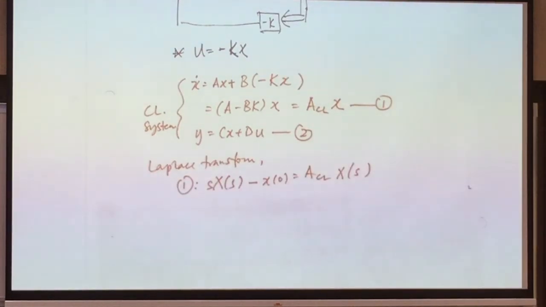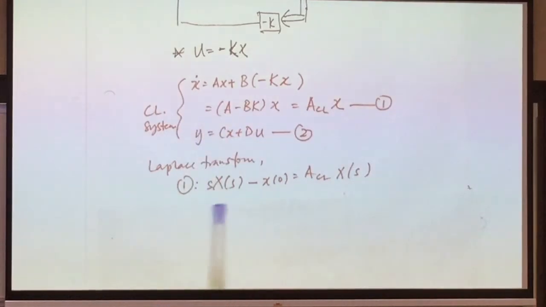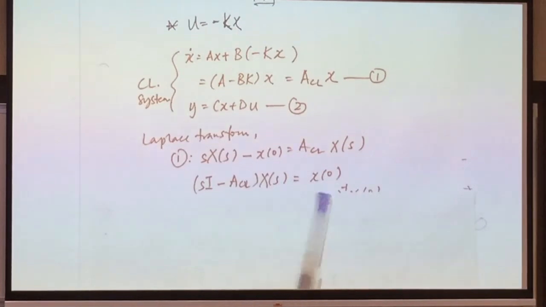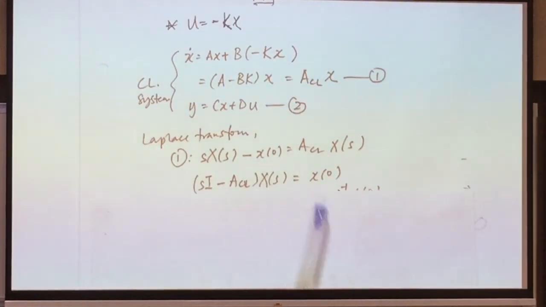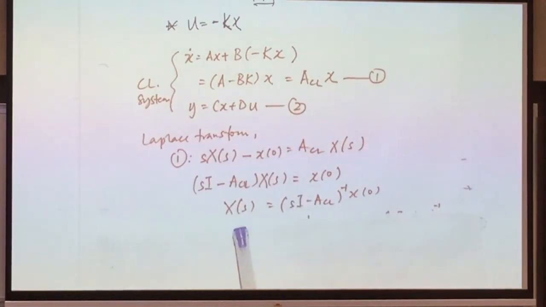If you do a Laplace transform of equation 1, you end up with sX(s) minus the initial condition equals ACL X(s). You group the X(s) together, you end up with (sI minus ACL) X(s) equals x0. You shift this to the left hand side, shift this to the right, because you want X(s).